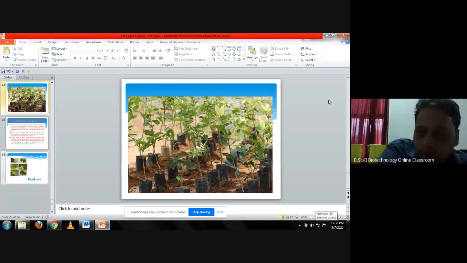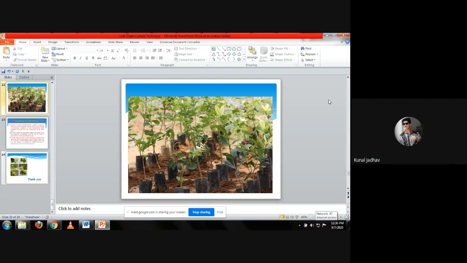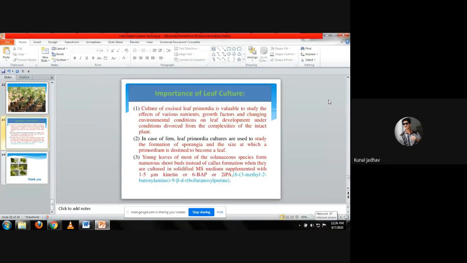See the mature plant. So no one can believe that these plants have been developed from a leaf. Did everyone understand this method? Yes sir, understood. Now last is the importance of the leaf culture.